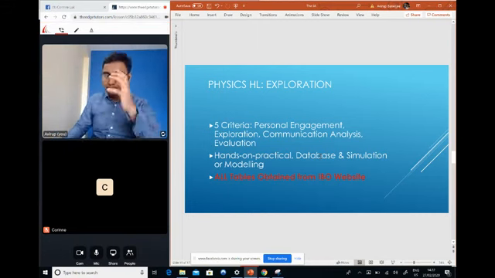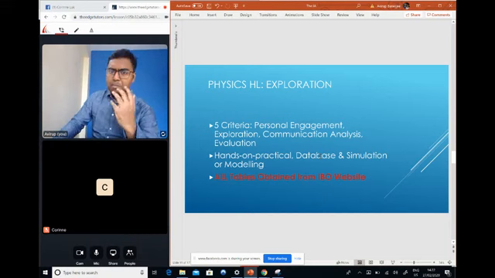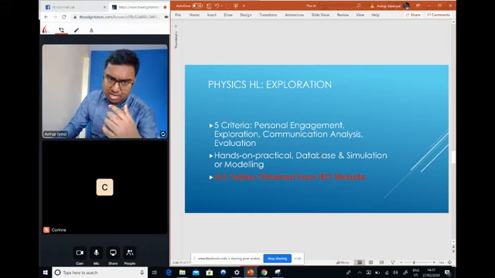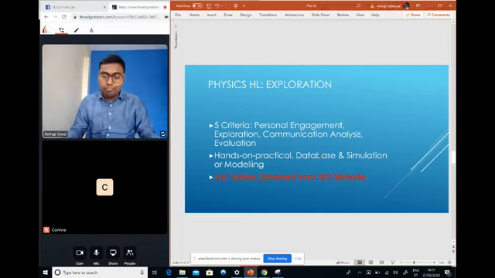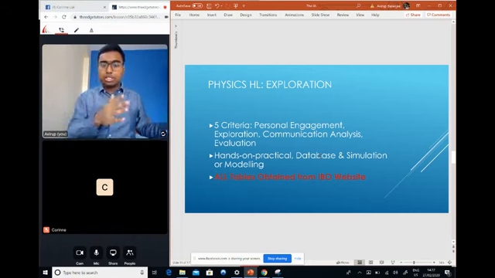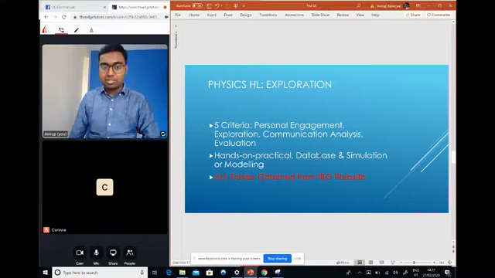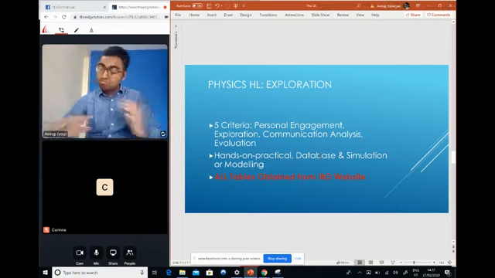So the 5 criteria are personal engagement, exploration, communication, analysis, and evaluation. Now, this is what I was talking about earlier. Physics can be a bit broader than mathematics. So there could be 3 forms of IA. You could have the old traditional style, hands-on, practical, where you do your experiment, you collect your data, and you report it. Perfectly fine.